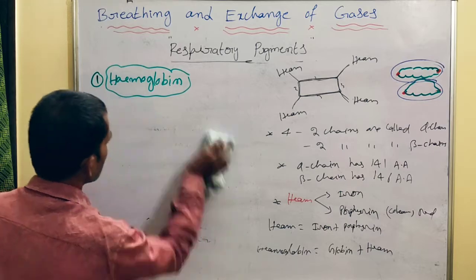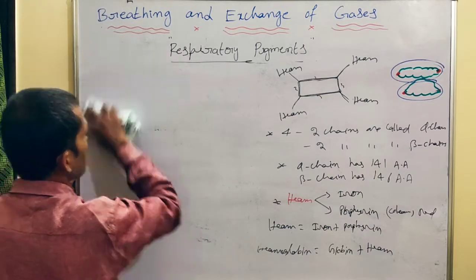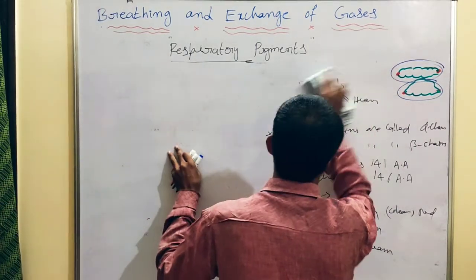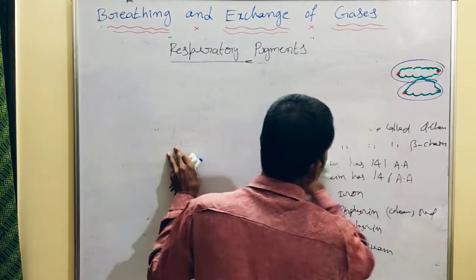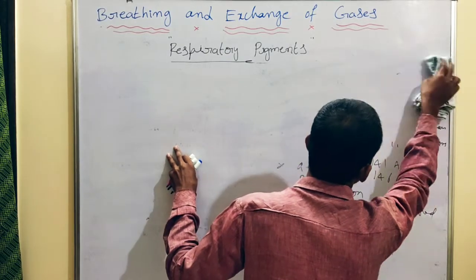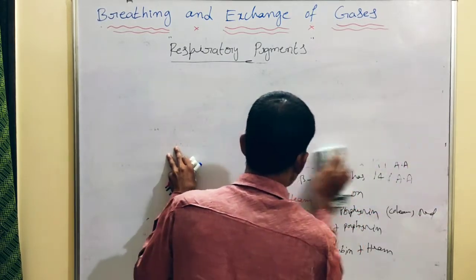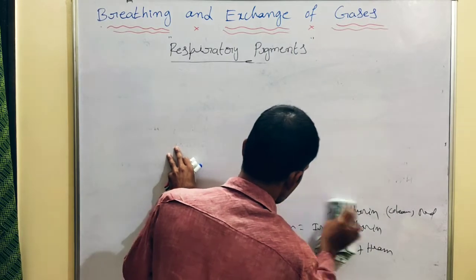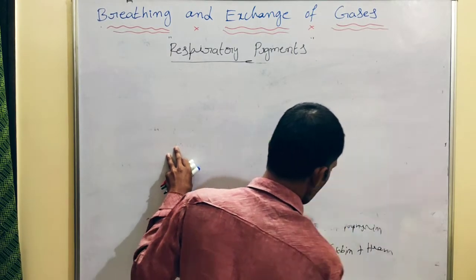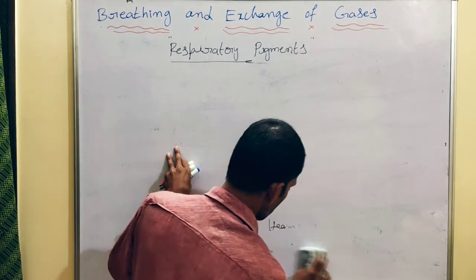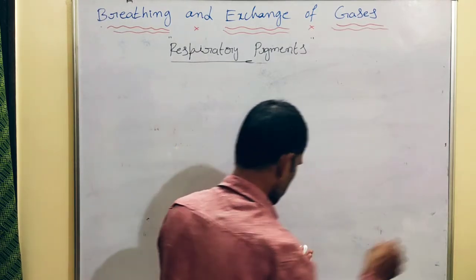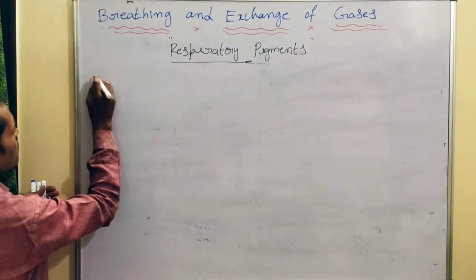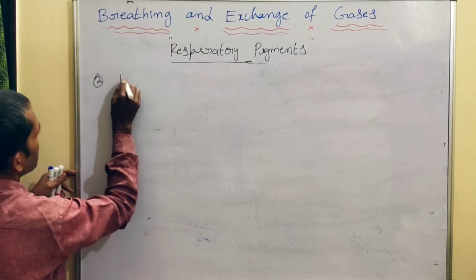So let us see another important respiratory pigment, that is hemocyanin. It is found in arthropoda animals and also some molluscs.